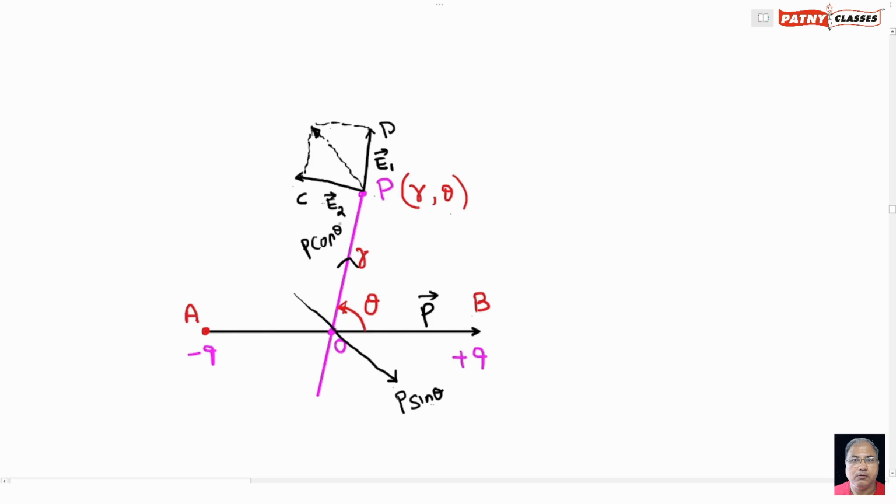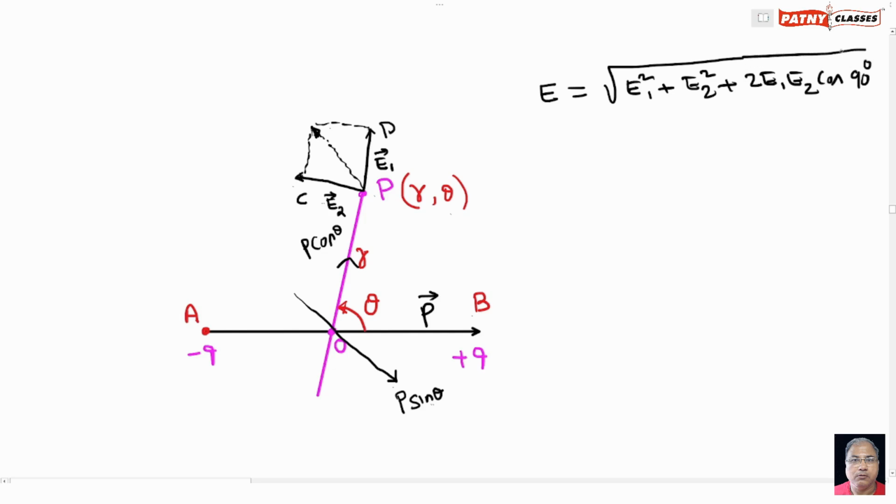They are both perpendicular to each other. The resultant electric field intensity is obtained by the formula under root of E1 square plus E2 square plus 2E1E2 cos 90 degree. Why 90 degree? Because both electric field intensities are perpendicular to each other. The angle between them is 90 degree.